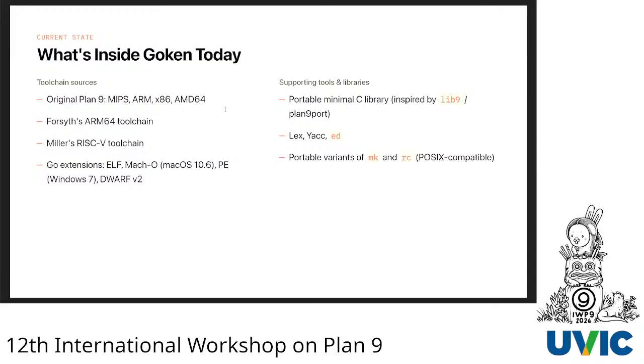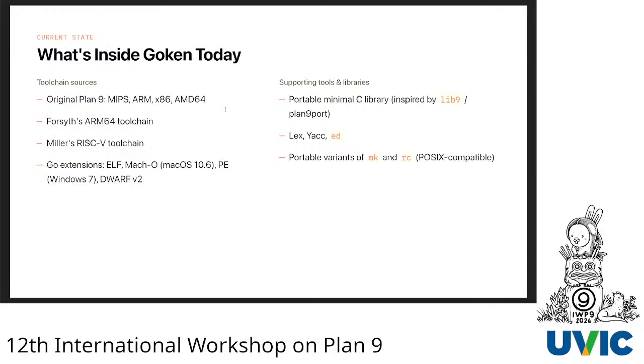So that's mostly the work done by Russ Cox on Plan 9 port. I've also added the source of Lex and Yacc and Ed, because to compile the Plan 9 toolchain, you need a Lex and a Yacc and an Ed. And finally, it contains the portable variants of mk and rc that are POSIX compatible, because you need mk and rc to compile this toolchain.